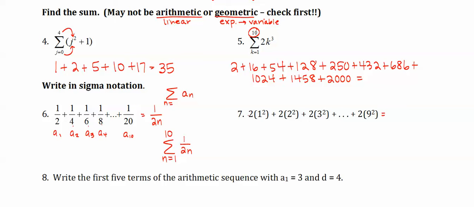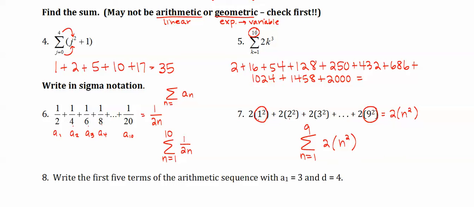It looks like each term has a value of 2 being multiplied, and then the number that's being squared just is increasing. So it looks to me like we're doing 2 times something squared, 2n squared. So in sigma notation, I have 2 times n squared. The first value of n that I need to create that first term would be 1. And then the last value that I need to create the last term would be 9. So there's my sigma notation.